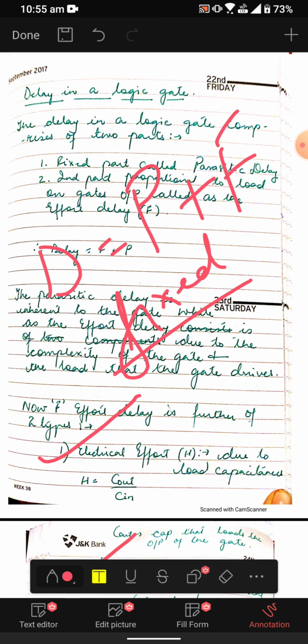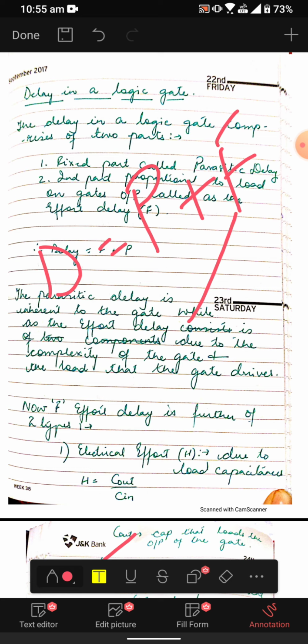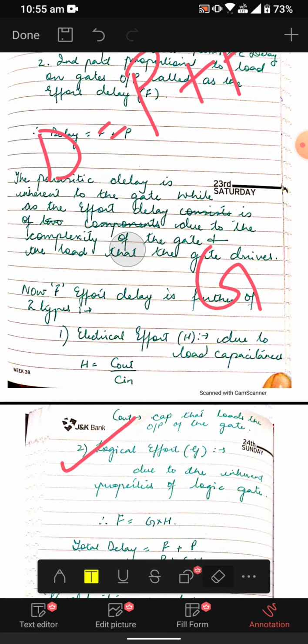Okay, that is F. Now effort delay is characterized into two parts, the electrical effort which is given by H and the logical effort which is given by G. So let's understand what the electrical effort H is and what the logical effort G is.